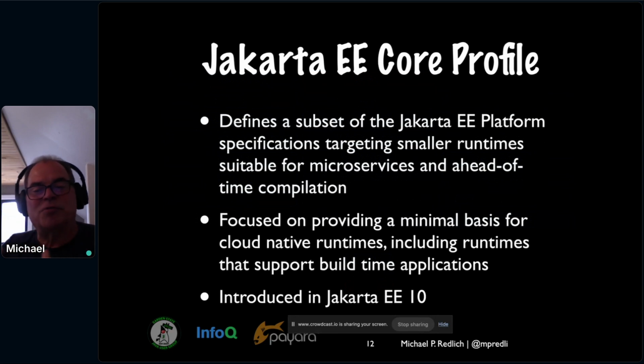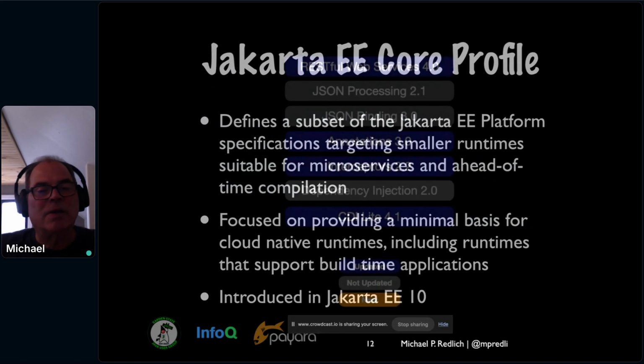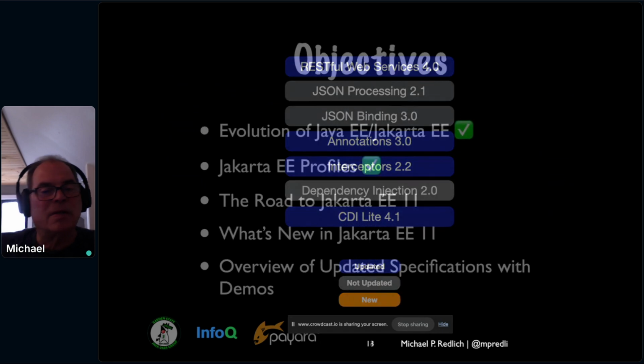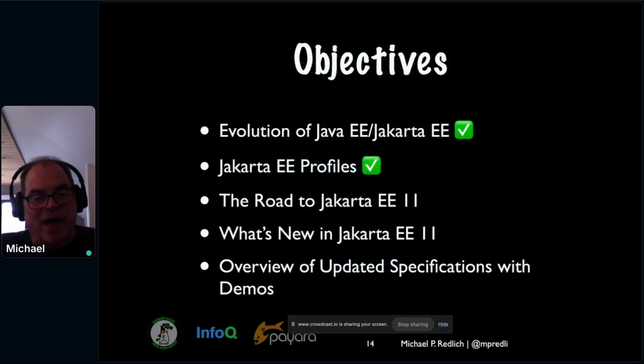Of course, this would be good for microservices, for cloud native, all that kind of thing. And this was introduced in Jakarta EE 10, which was September of 2022. And those are the 7 specifications that make up the core profile. So we took care of that.